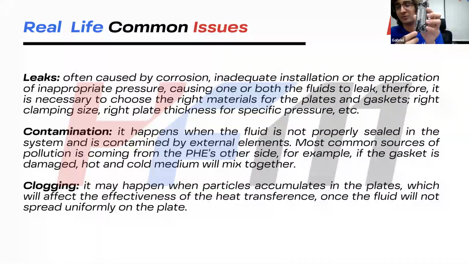And these particles, if they accumulate here, are not going to let the fluid spread uniformly all over the plate. This way, the heat exchange is not going to be as efficient as it should be. And we're going to be wasting energy, wasting resources. That's the reason why we need to avoid the clogging by filtering and also doing the necessary maintenance in the right period of time.